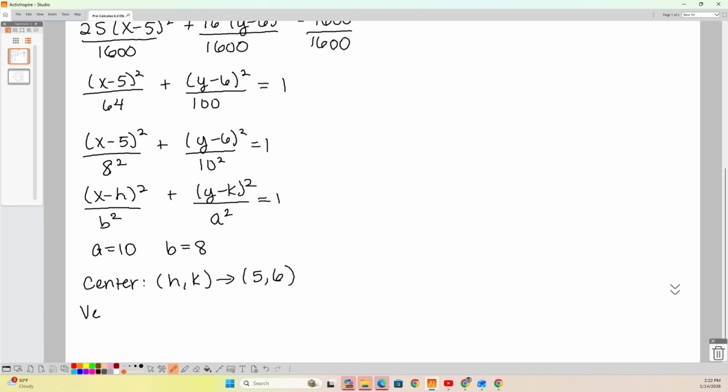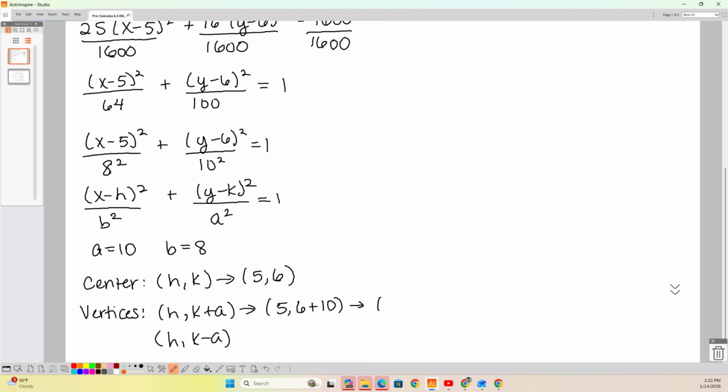Now let's talk about the vertices. The vertices for a vertical ellipse are going to be (h, k plus a) and (h, k minus a). Well, h is 5, k is 6, plus a is 10.